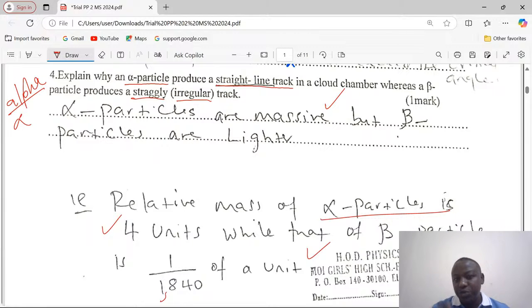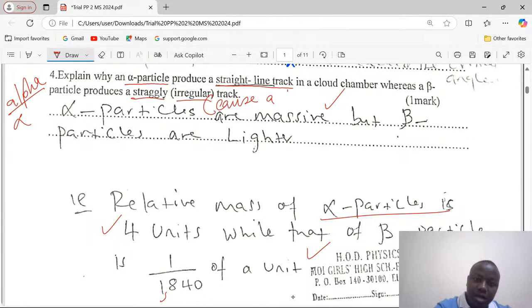They are the ones which form the tracks. So the straight line tracks are symbols of heavy ionization. In simpler terms, we would have said alpha particles cause heavy ionization.